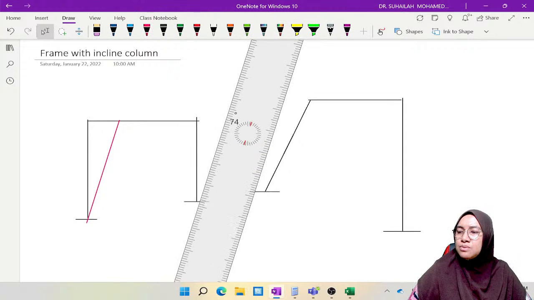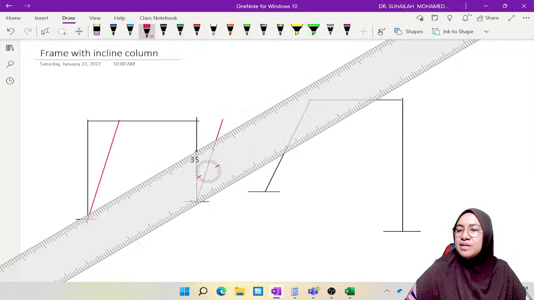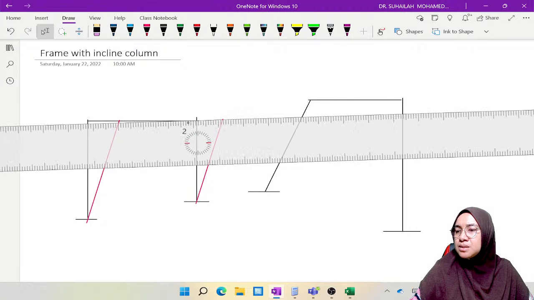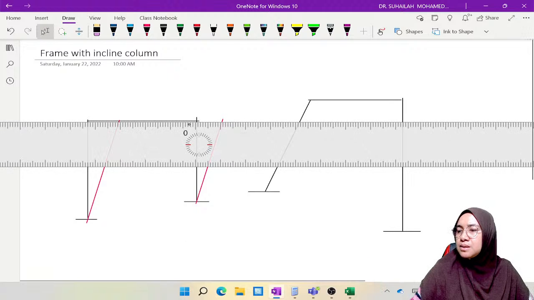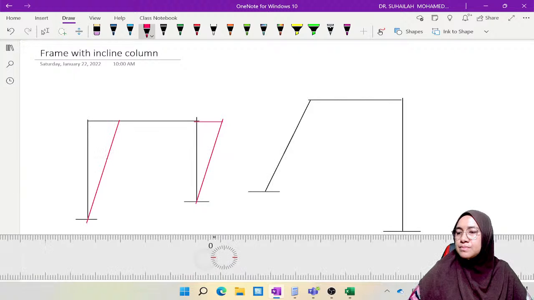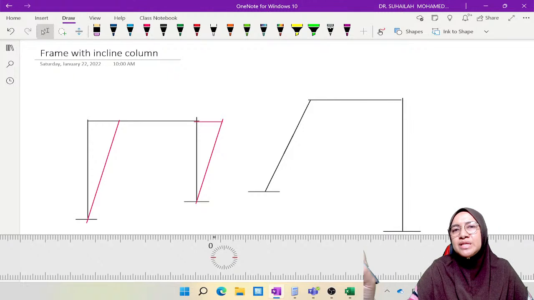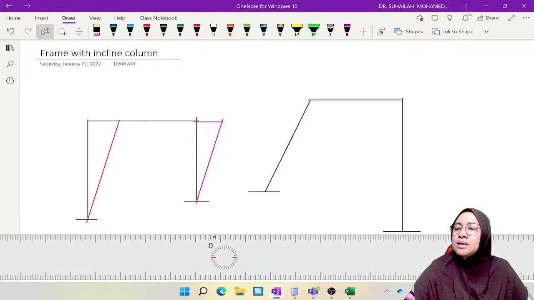This is what we have learned previously, about the shear principle. For the beam there is no movement, because the beam is a horizontal element, and there is no perpendicular or shear force, because there is no delta in the beam.